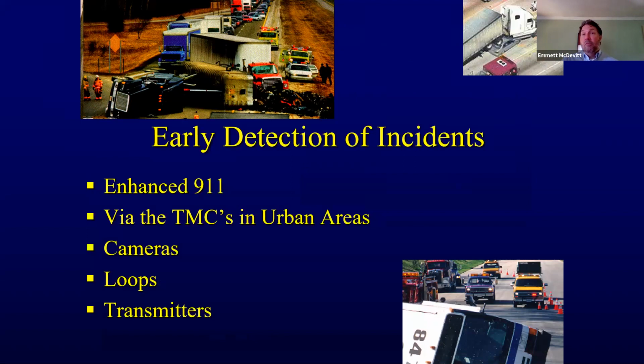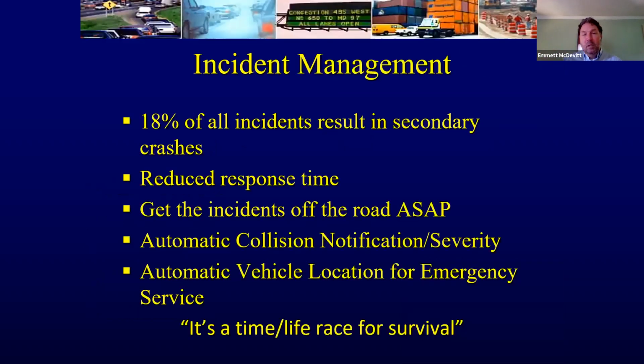They can actually provide certain services when they show up. They're prepared to treat certain injuries and relay those back to the trauma centers so that the appropriate doctor is there waiting in the emergency room, and they're not calling some specialist once the ambulance arrives. 18% of all incidents result in secondary crashes, so we need to reduce that response time and get the incidents off the roads. It's really a time-life race for survival.